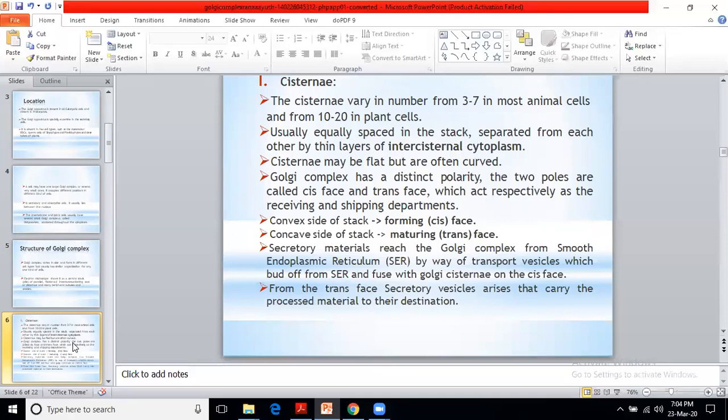Means in each stack, cisternae are separated by a space of 20 to 30 nanometer, which may contain rod-like elements or fibers. Each stack of cisternae forms a dictyosome, which may contain 5 to 6 Golgi cisternae in animal cells or 20 or more cisternae in plant cells.